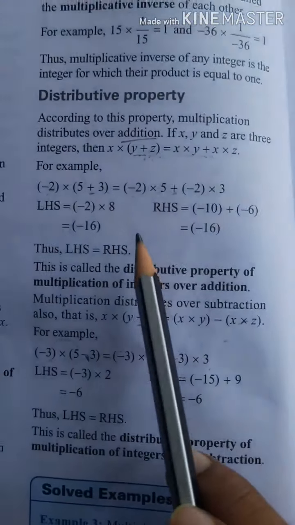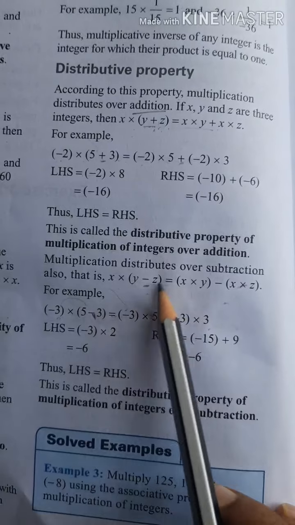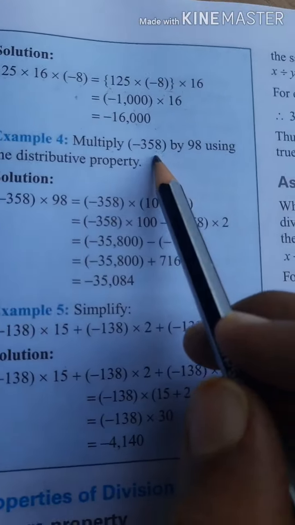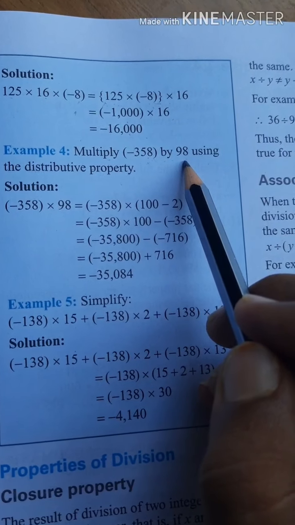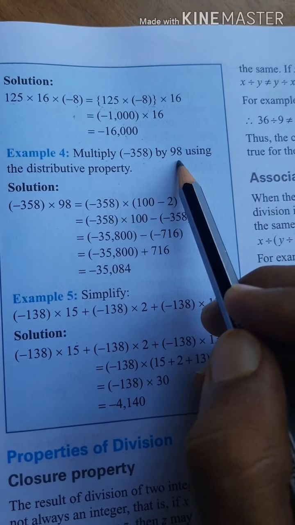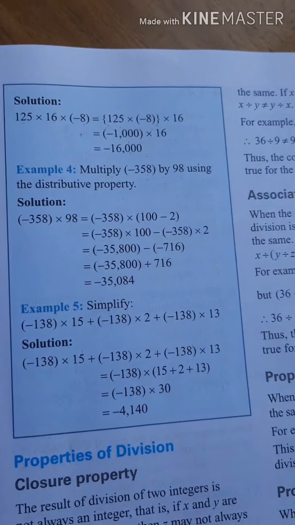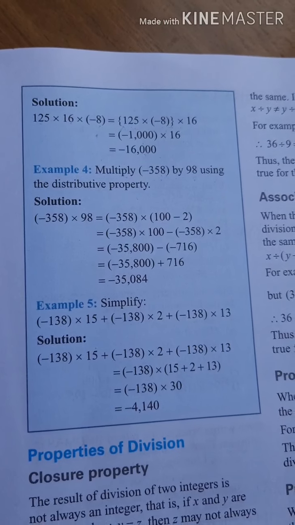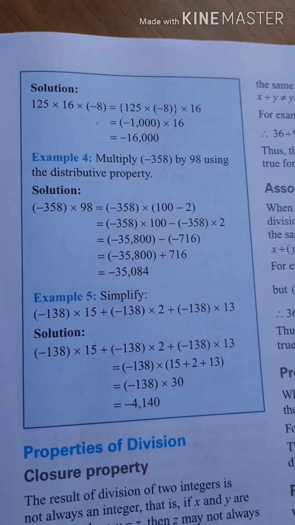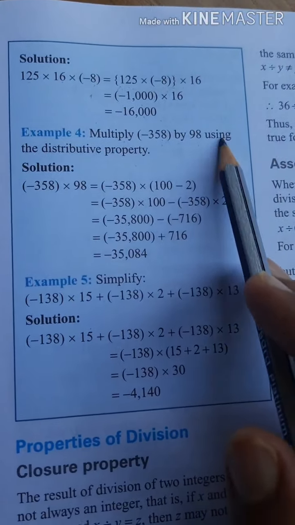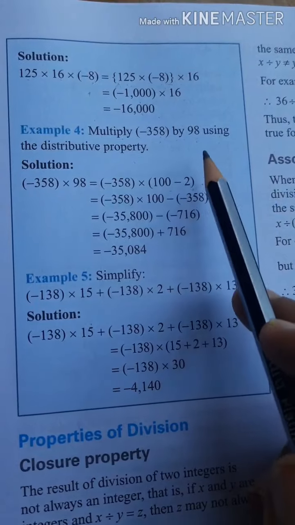For the distributive property, either for addition or subtraction, I need three numbers, but here I have only two numbers. So minus 358, no problem. Here 98, I want to split and write it in the format of 10, 100, 1000. So 100 minus 2. 98 I can write as 100 minus 2.